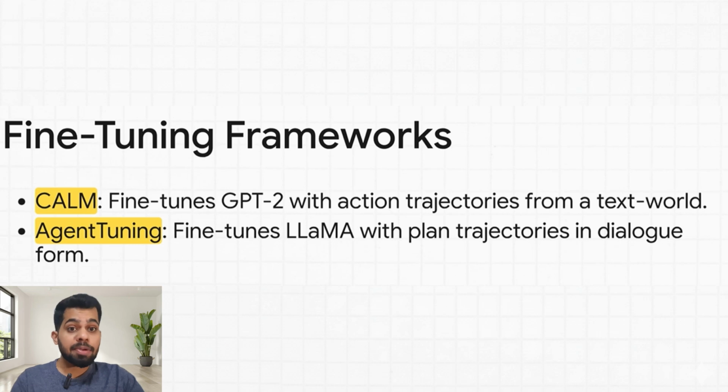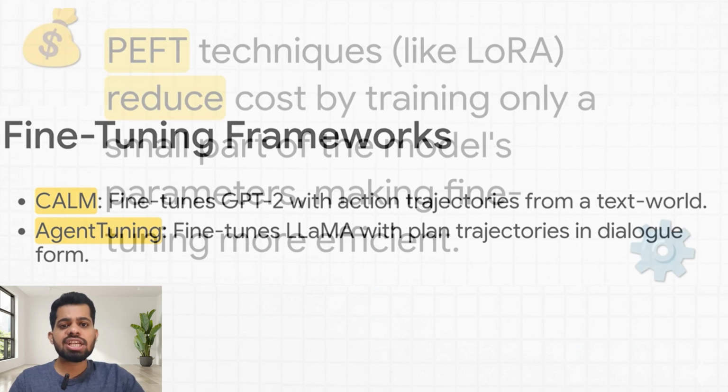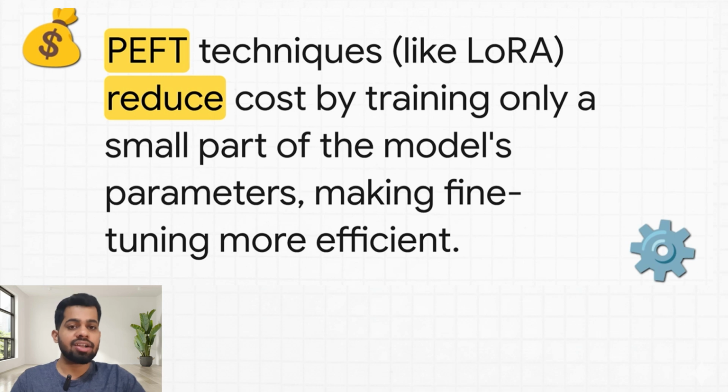But operating that memory is really expensive because it means you have to retrain the whole system. That's why engineers use this really clever technique called PEFT, parameter efficient fine tuning. These methods let them update just a tiny fraction of the model's parameters, which makes it way cheaper and faster to bake in these new memories.